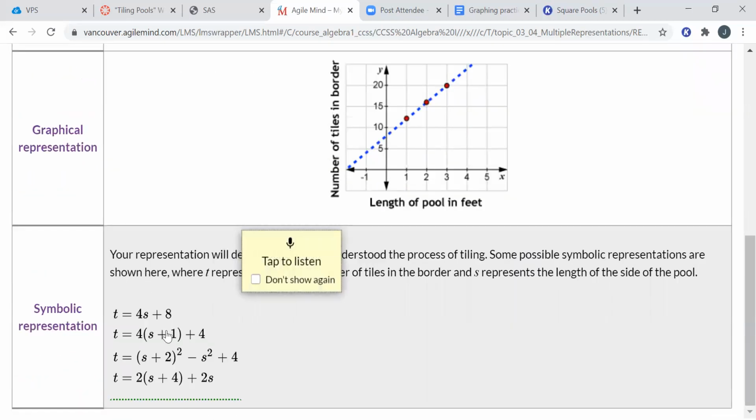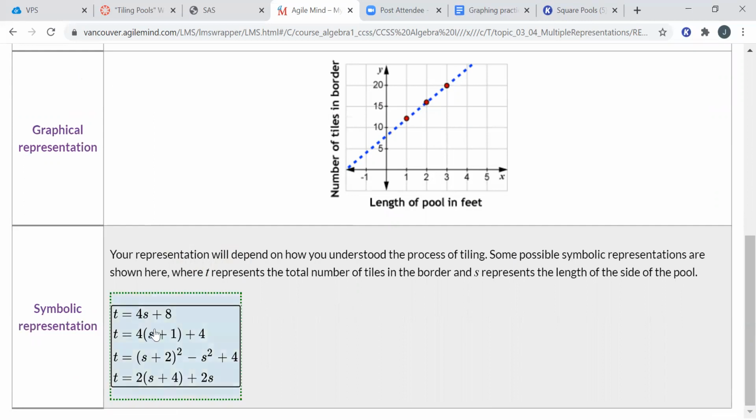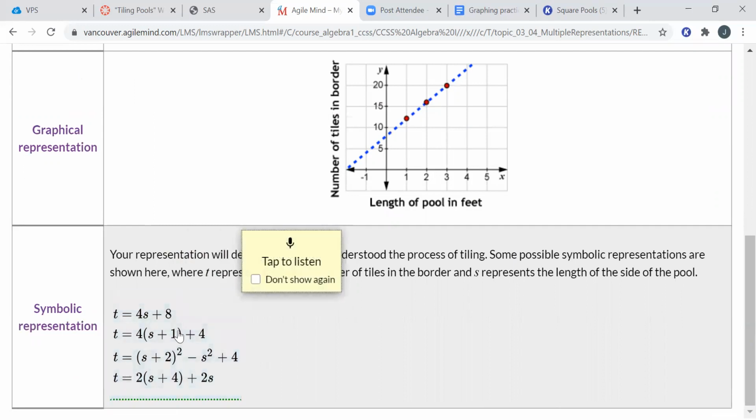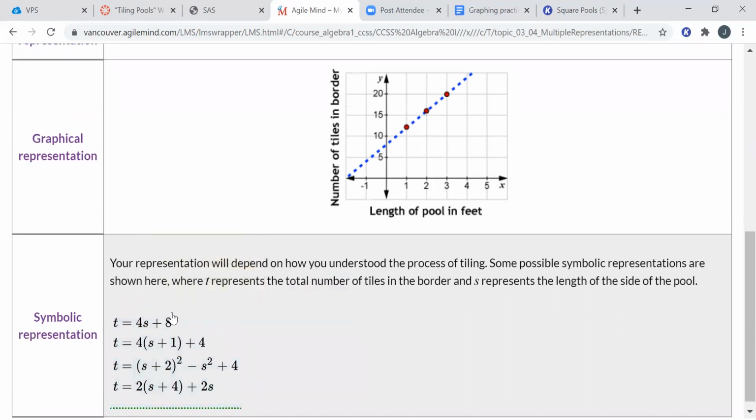All right, and they do a lot of math stuff. Wow, they did it a lot of different ways. Now, these are different ways you could do it. You could have this way, the top one, 4 lines. Oof, that's ugly. Okay, the second one is the same thing as the first one, only we have not distributed this 4.